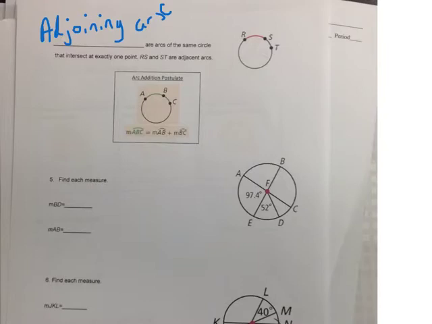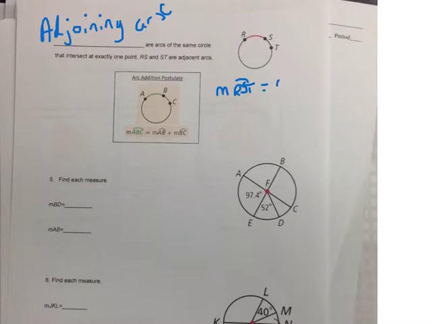I can say, for instance, with the one that's over here that's not in the box, the measure of arc RST. That still looks like a minor arc to me, but I might want to write it that way just to make sure.